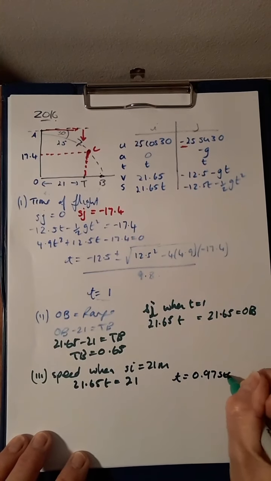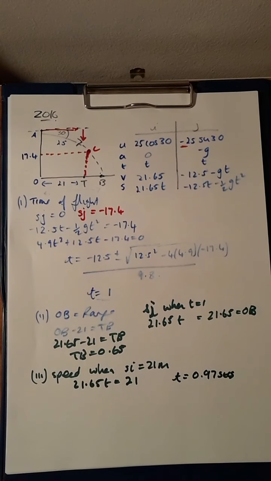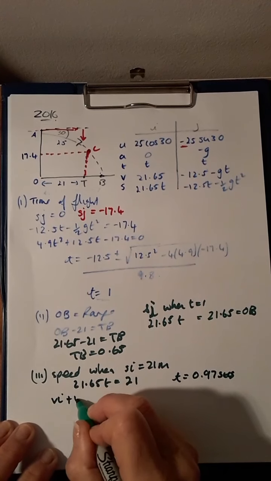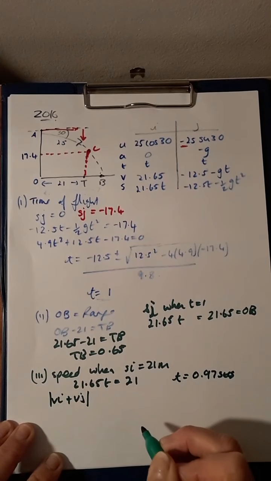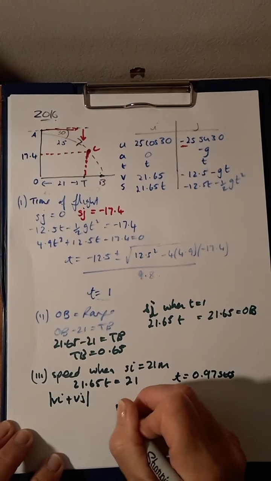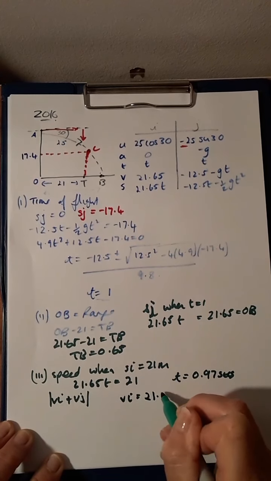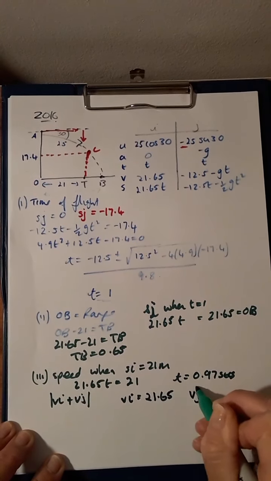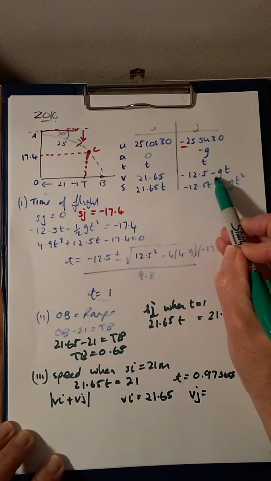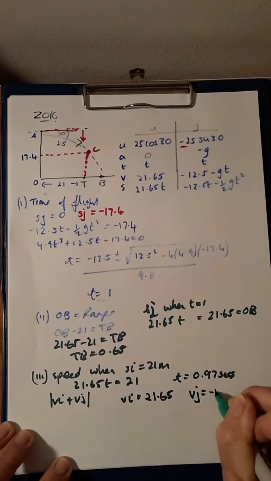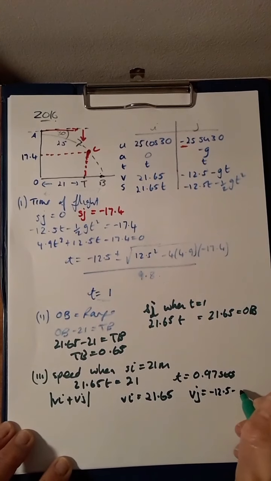That's seconds, of course. And I'm now going to find the speed at this time, so the VI plus VJ mod at this time. The VI, of course, is just 21.65, no T affects it, but the VJ is equal to minus 12.5 minus GT. So minus 12.5 minus 9.8 times 0.97.